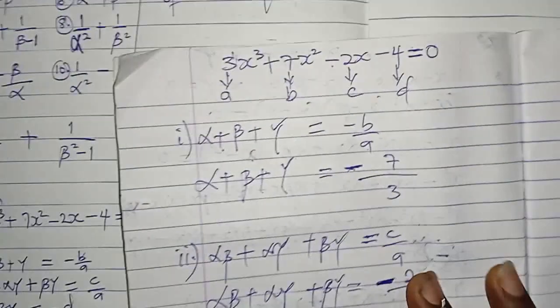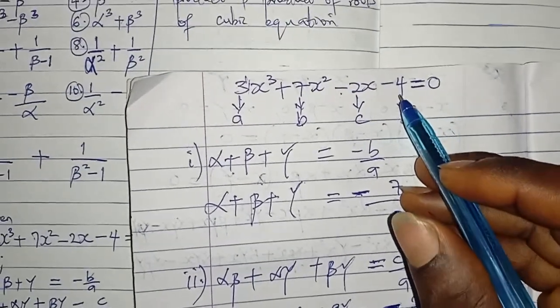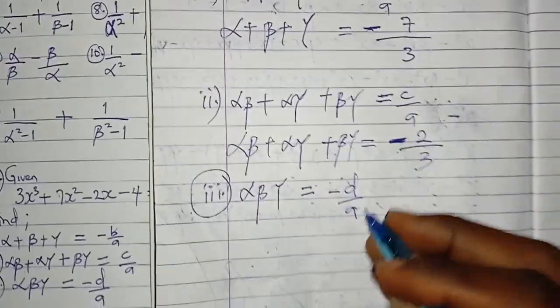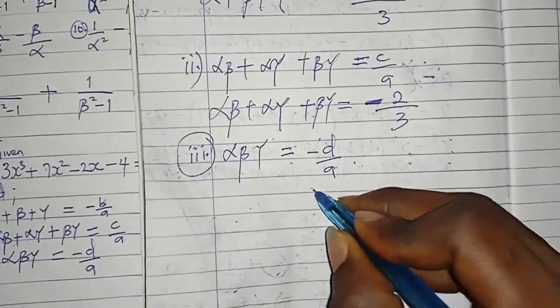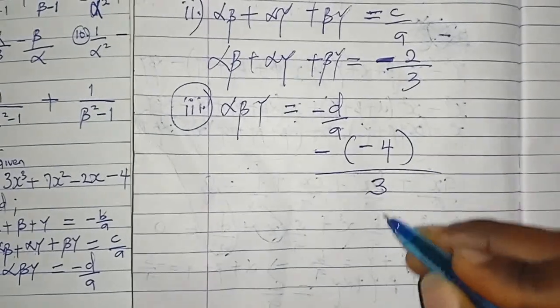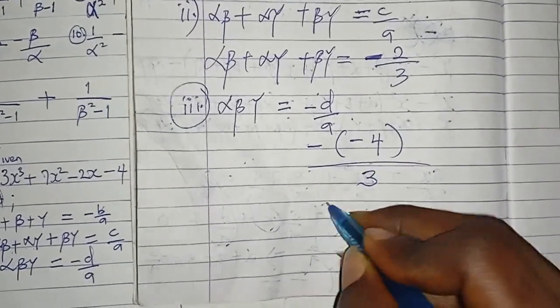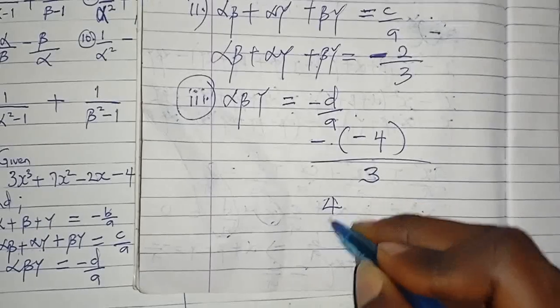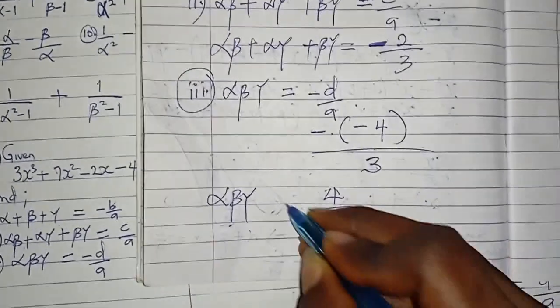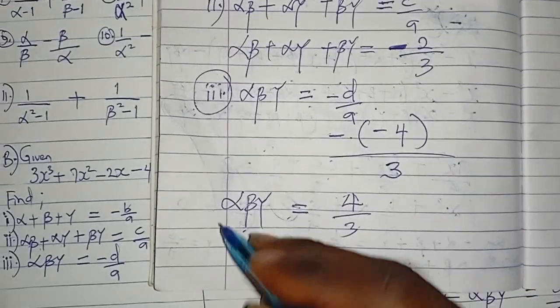Here d is minus 4, so there's a minus here already. So it will be minus minus 4 all over a, which is 3. So alpha beta gamma is equal to 4 over 3.